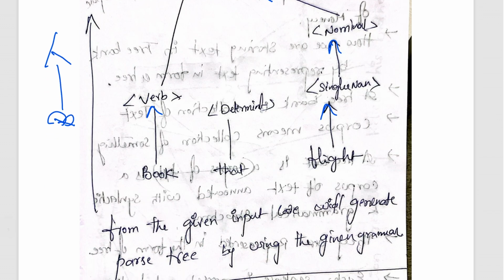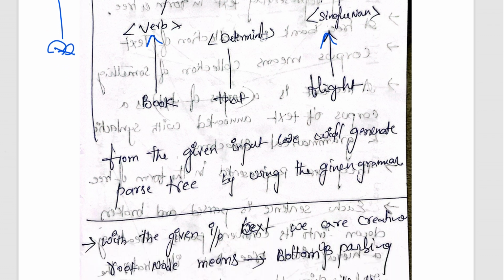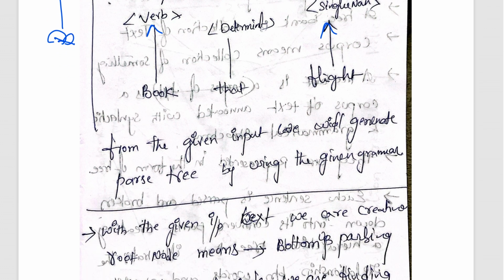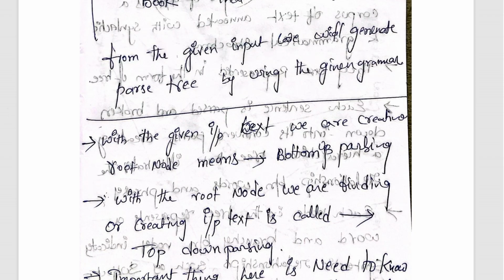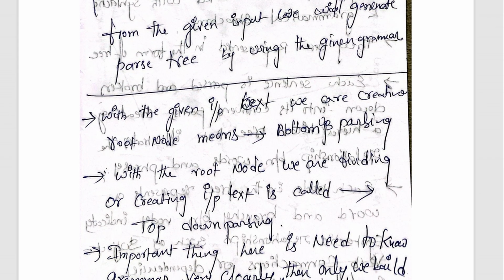These are the two ways to construct the parse trees from the given grammar. So both top down parsing and bottom up parsing satisfy the parse tree with the given grammar. Here you need to remember one thing very clearly: with the given input sentence we are creating the root node, that is bottom up.